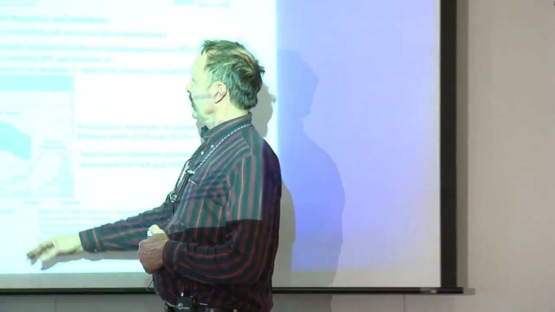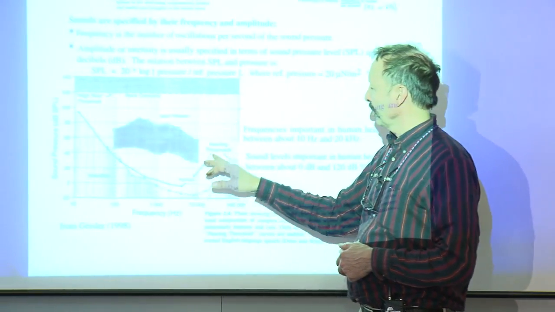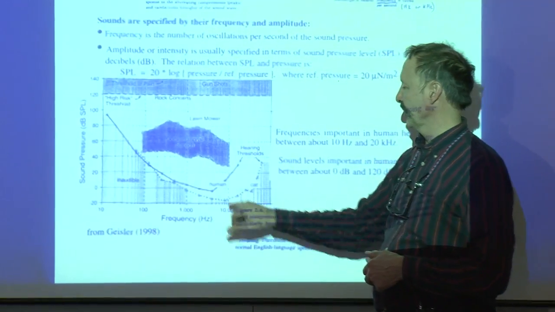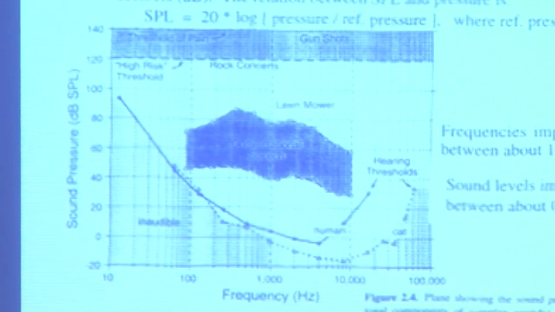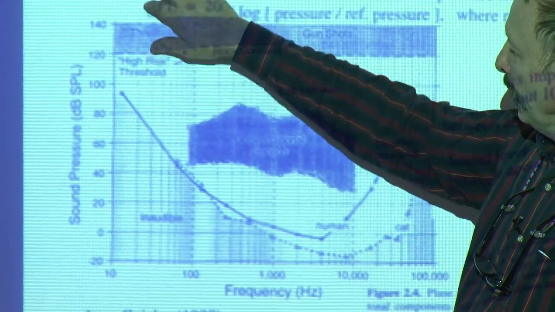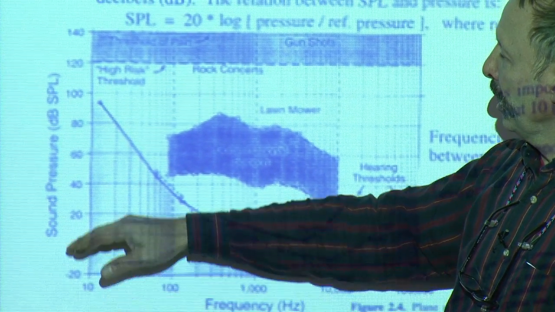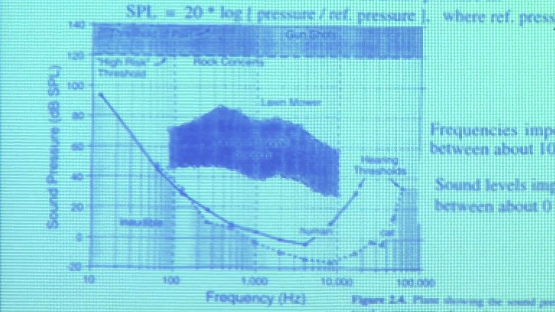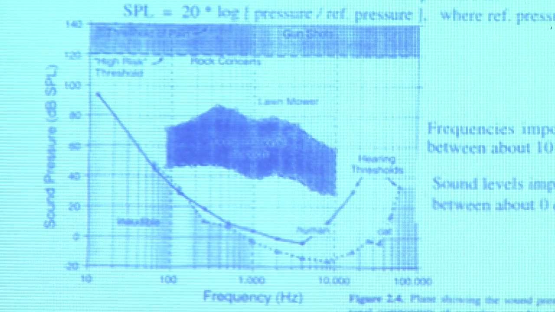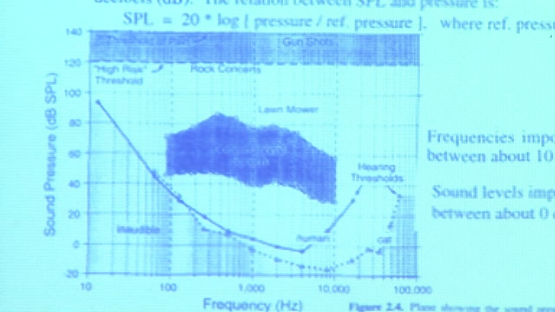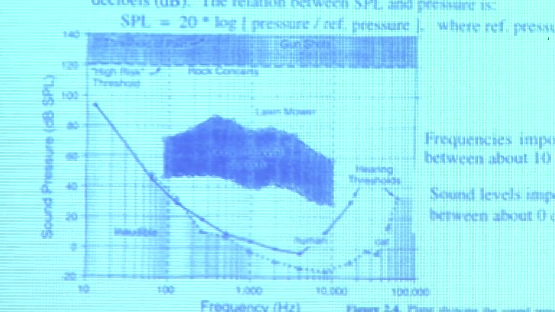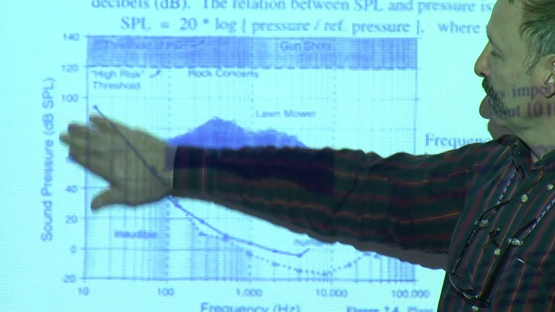Now, this is the audiogram for human hearing in the solid curve here. This is supposed to say human if you could read it. And on the y-axis is how strong the stimulus is, how loud it is, or in terms of physical characteristics, what the sound pressure is.